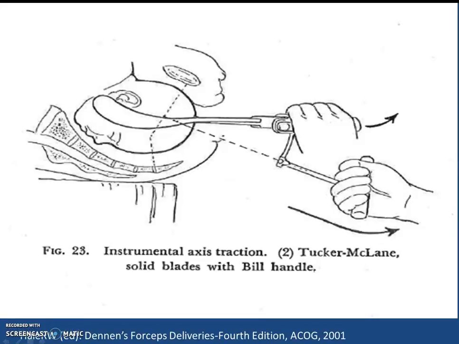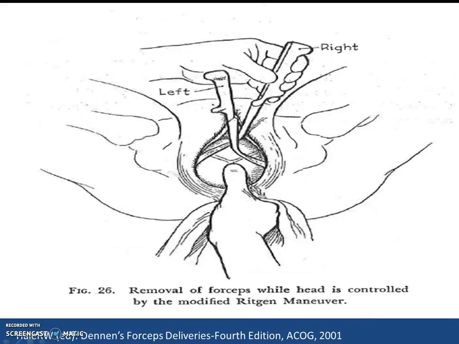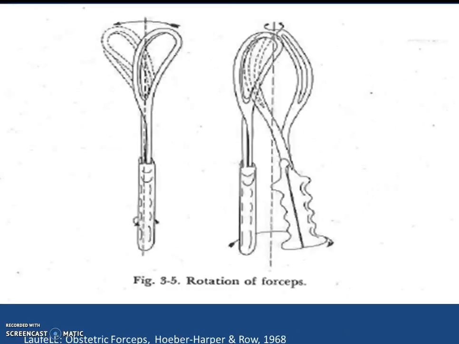To facilitate this, one can use a Bill axis traction handle as shown here, which allows one to do this without the same degree of guesswork you would have by doing it manually. Once you've almost completed the delivery of the head, the blades are removed in the opposite way that they were put on. That is, you remove the right blade followed by the left blade, maintaining the head by use of a modified Ritgen maneuver.